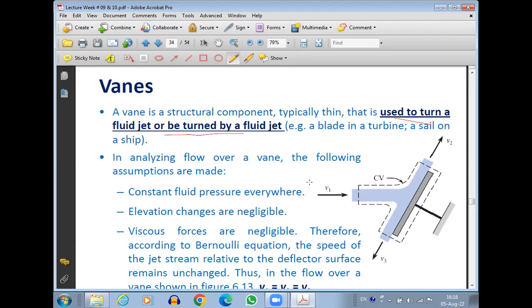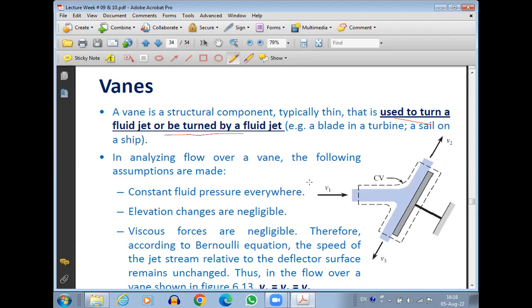It is not like a blade of the fan, it is separate. It is not moving, it is generally stationary. The blade of the fan is actually moving. But this is also a vane, a stationary vane, redirecting the flow.